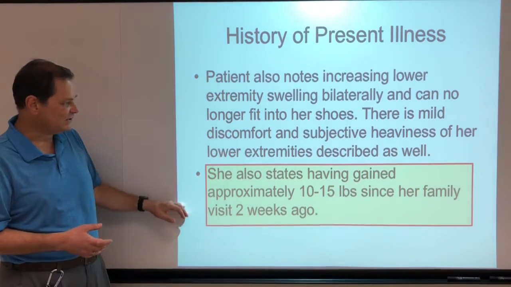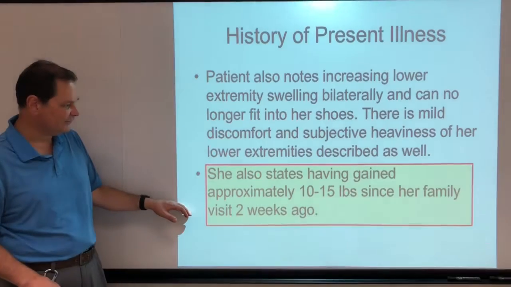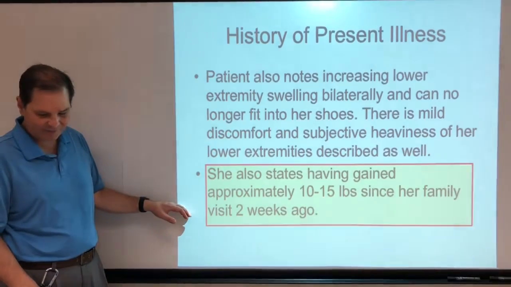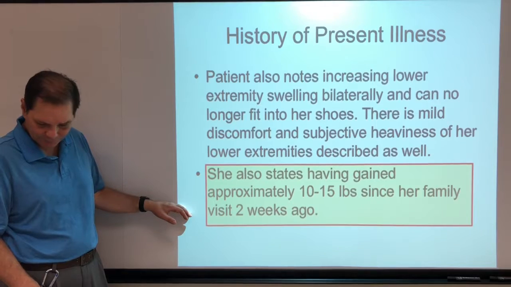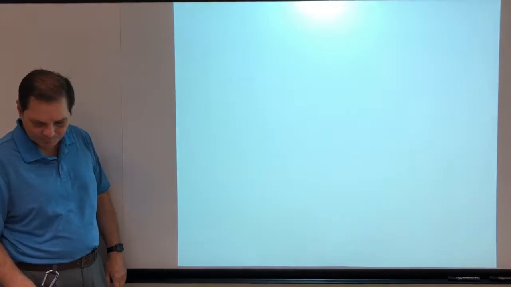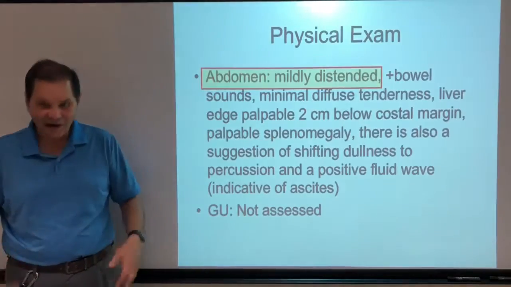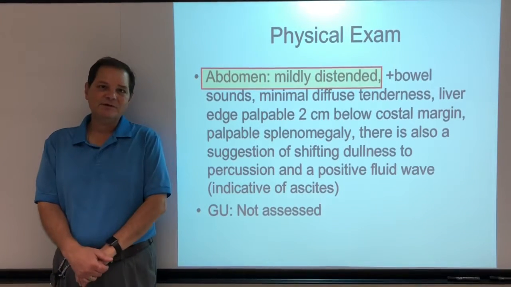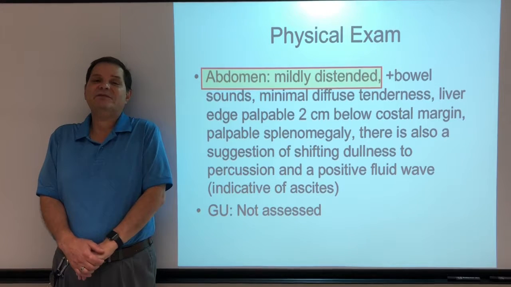So if we look at our patient, she's gained 10 to 15 pounds since a family visit, and it turns out during that visit she ate a bunch of salt, which did not help. Her abdomen is distended, and she's got fluid accumulation in her abdomen, and that's because she's in congestive heart failure.